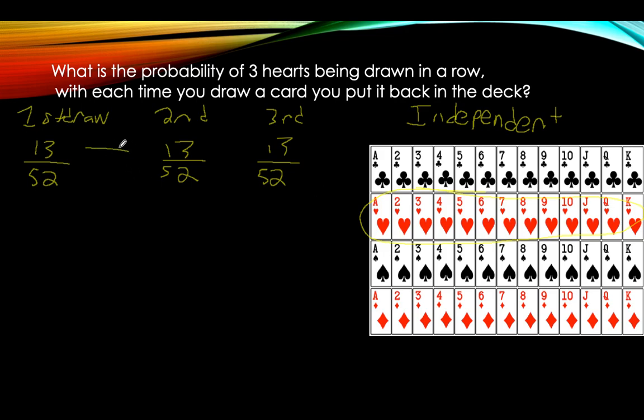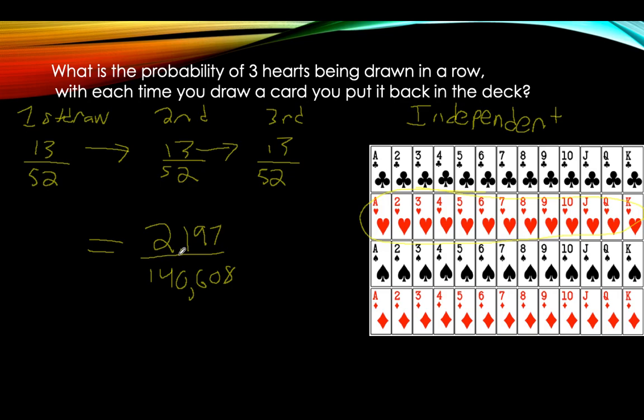So now you have to multiply across. So 13 times 13 times 13 gets you a very large number, 2,197. And this one's going to be even larger. 52 times 52 times 52. Oh boy. 140,608.